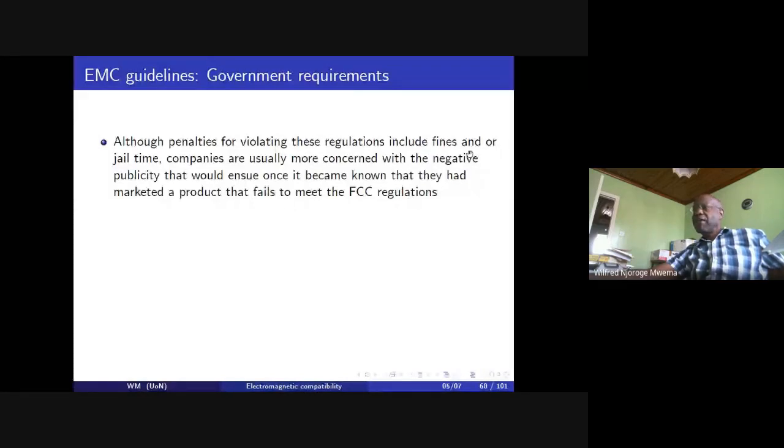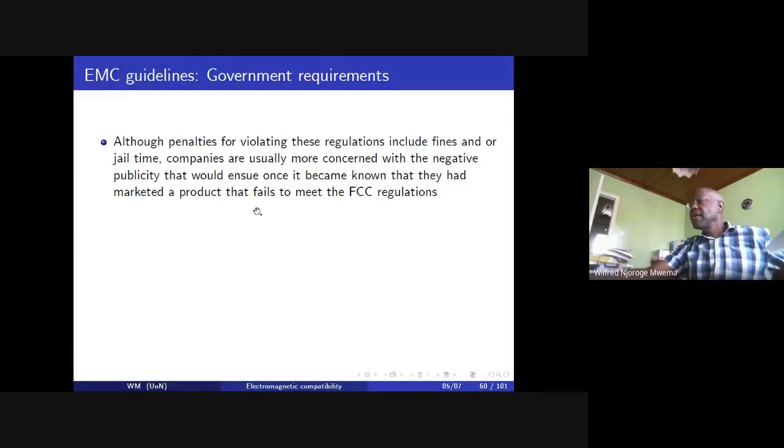This is why we are giving you this talk about EMC standards, because many of us are going to employ ourselves, or be employed in companies with people doing fabrication, and we want to be able to make products that will be sold elsewhere.